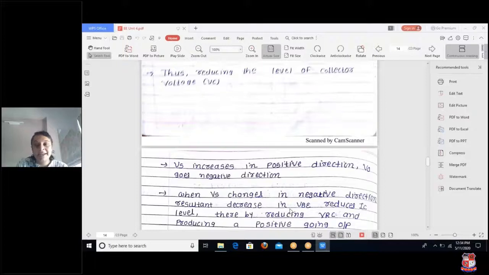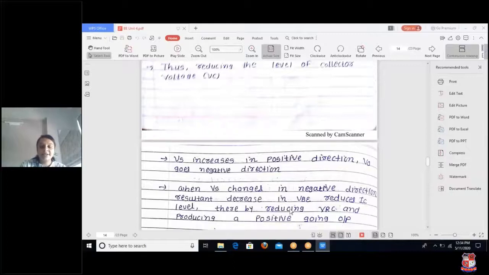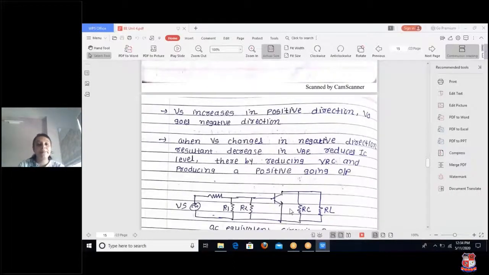So in a CE configuration, your output is in the reverse direction, a 180-degree phase shift. Whenever Vs changes in a negative direction, the result is a decrease in VBE, which reduces the IC.